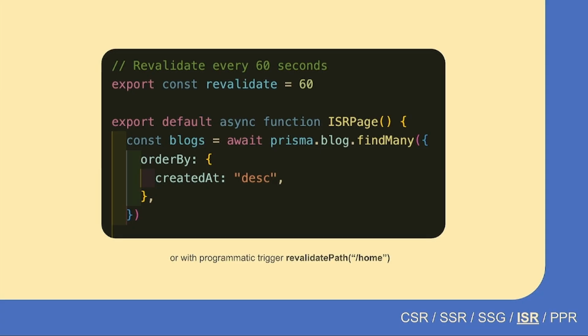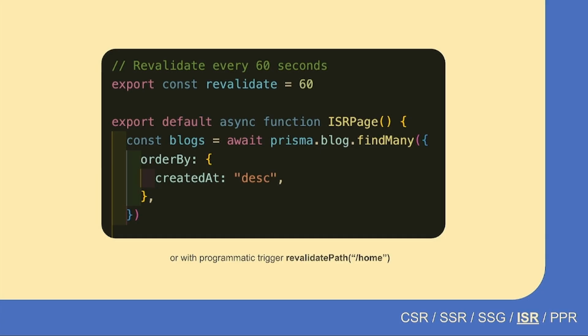That doesn't mean that every 60 seconds there is something running in the background which revalidates, but it means if someone visits this page, we provide the static version. After 60 seconds, if someone else visits the page, we want to serve a new updated version because potentially every 60 seconds this page changed.